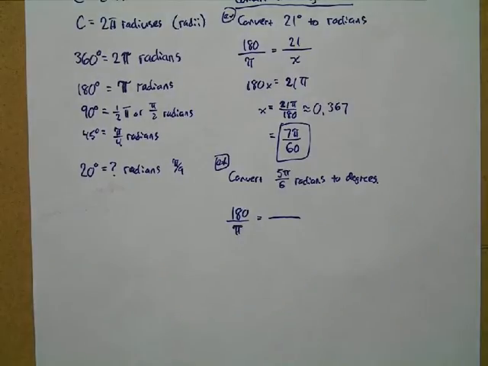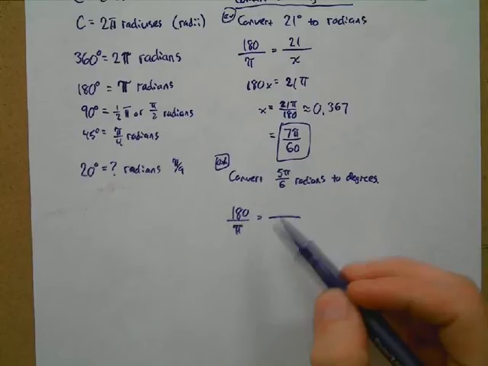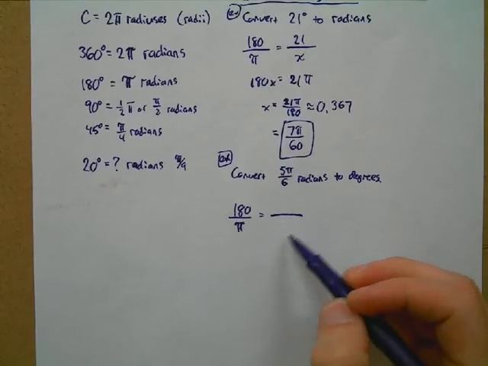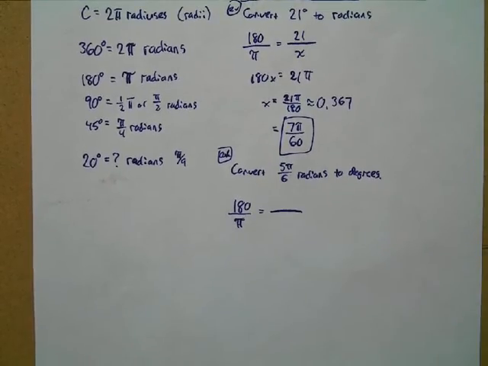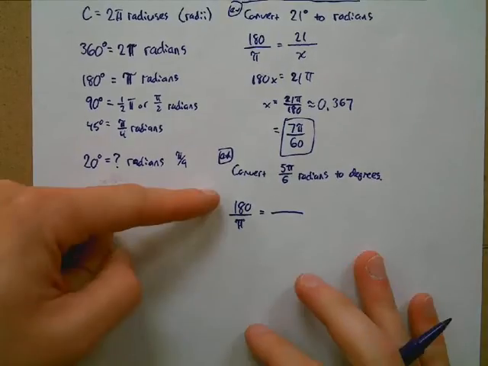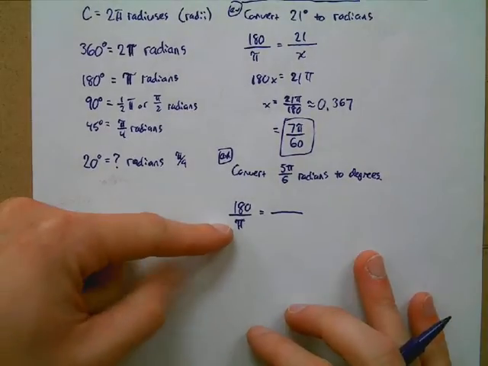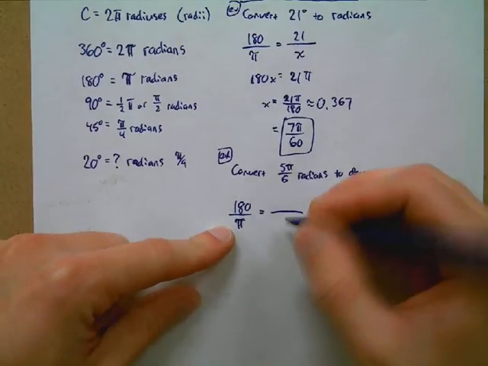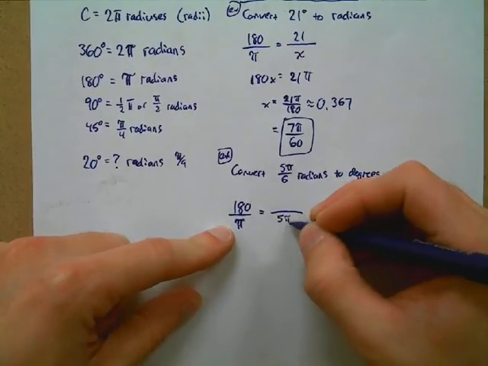Does it go in the numerator up here? Does it go in the denominator down here? Into the denominator, right? Because it's a radian measure. 180 degrees over pi radians means I need my radian measure to go into the denominator here. And yes, we're going to have a fraction within a fraction. It's okay, we'll take care of it in just a sec. And then we'll say that's equal to x degrees. We don't know the number of degrees it's equal to.